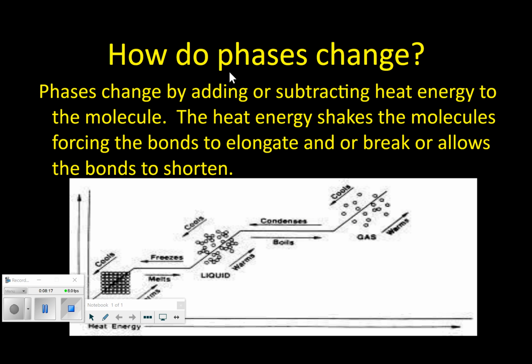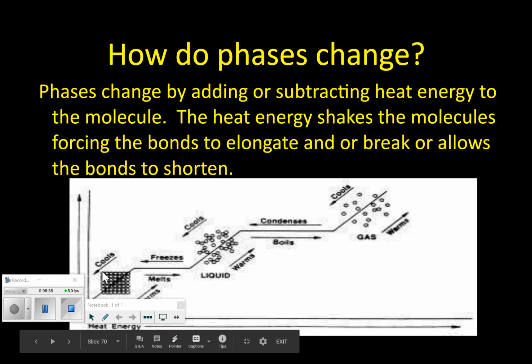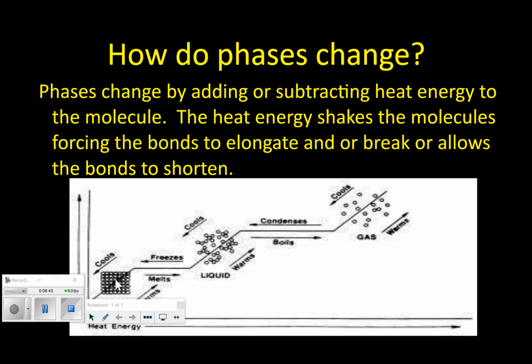How do phases change? Phases change by adding or subtracting heat energy to the molecule. The heat energy shakes the molecule, forcing the bonds to elongate and or break, or allows bonds to shorten and or strengthen. If I've got an ice cube and I add heat energy to it, the molecules are going to vibrate.